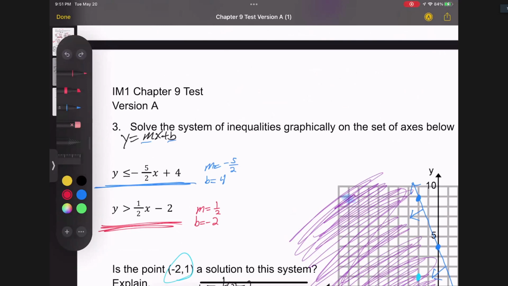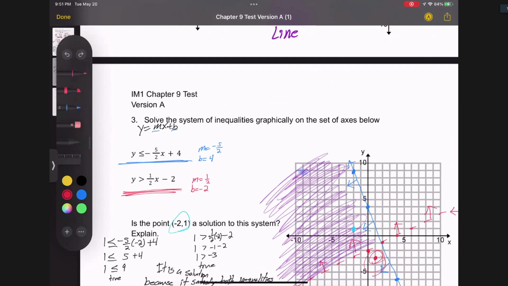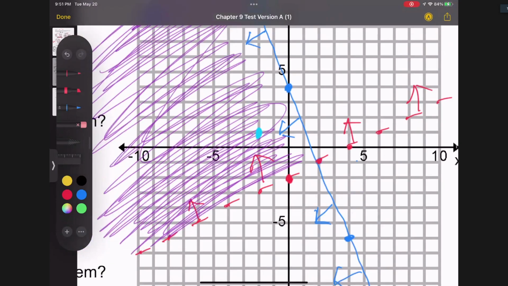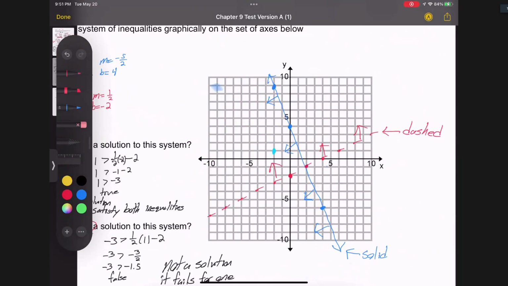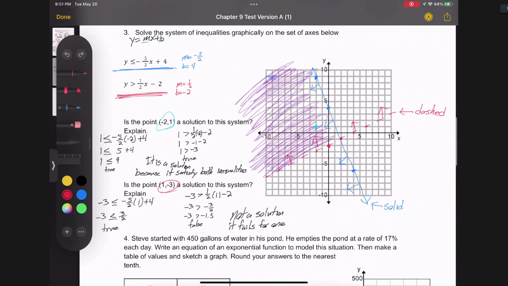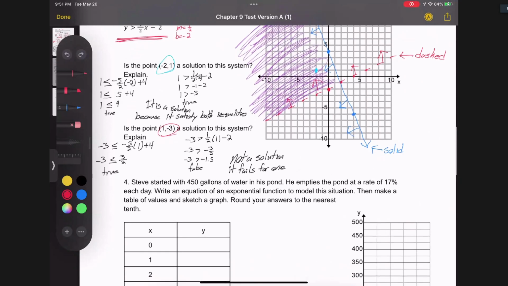Solve the system of linear inequalities graphically. Your job was to find the solution to both of them, not part of the solution. So if you needed to actually have a solution, it needs to be in this purple region that I'm circling in red. This whole thing is your solution. That was a common mistake that I saw, and I apologize for that situation.